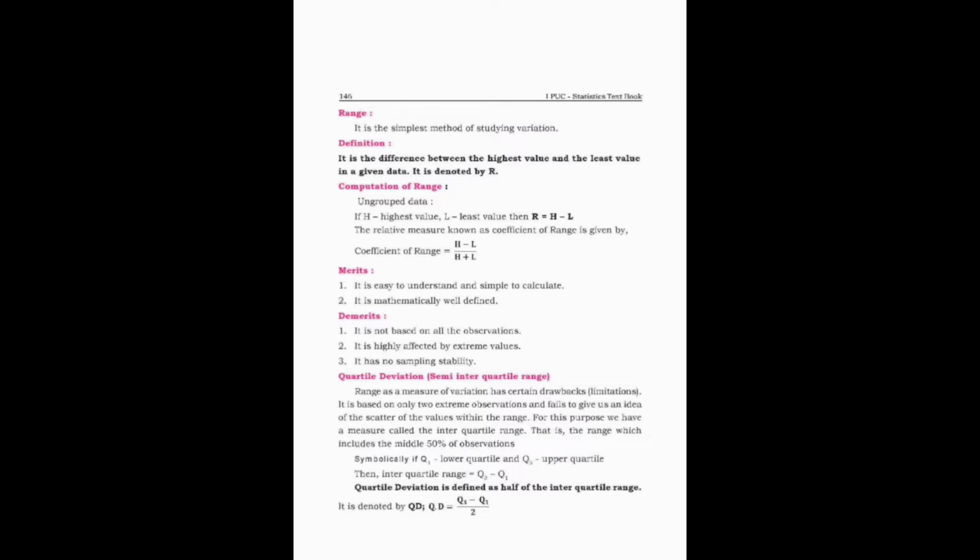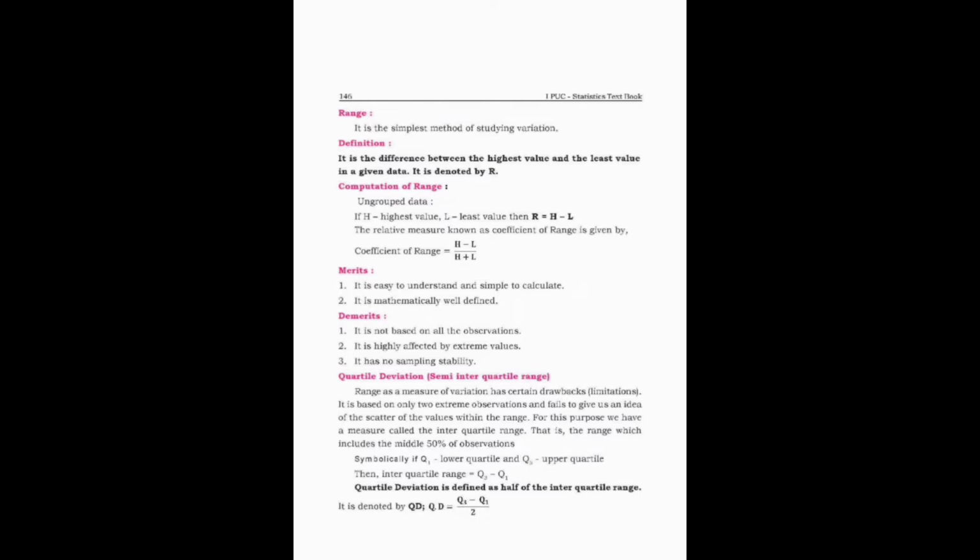It is denoted by capital R. The formula is R equals H minus L. Its relative measure, the coefficient of range, is H minus L divided by H plus L.